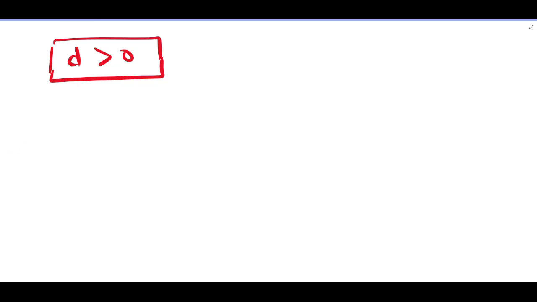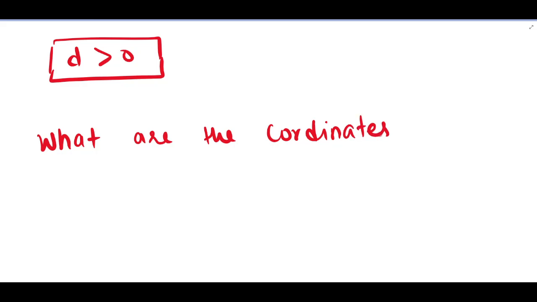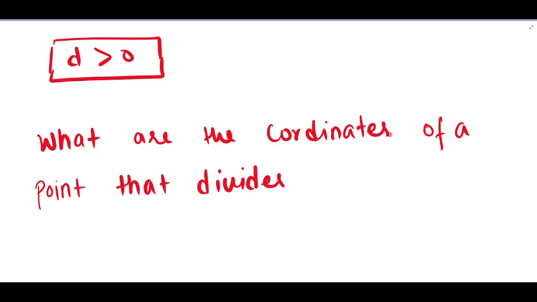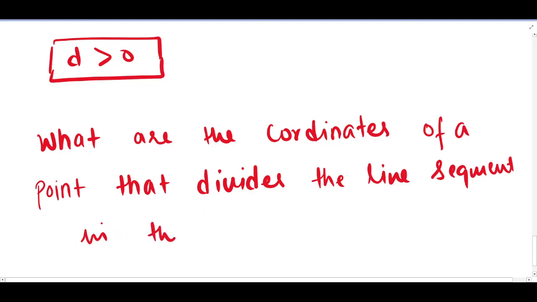So what is the section formula? Find the coordinates of a point that divides the line segment in the ratio m ratio n.